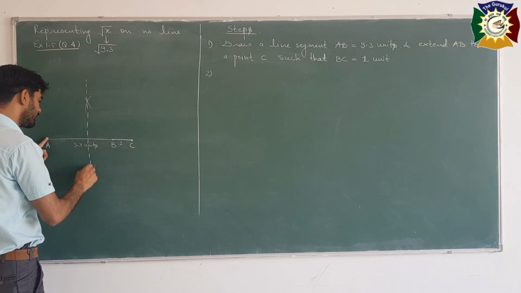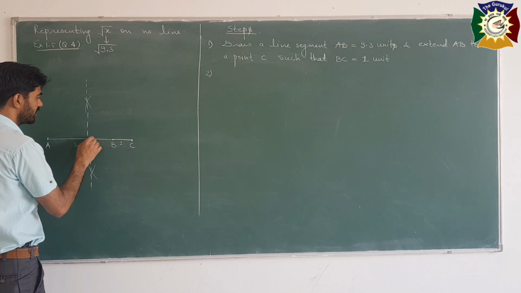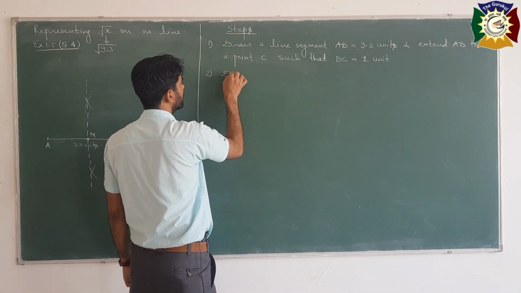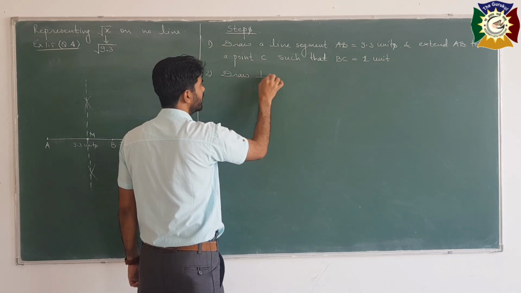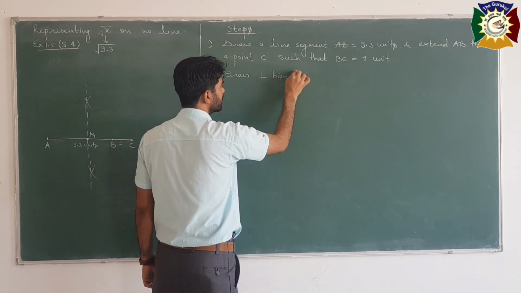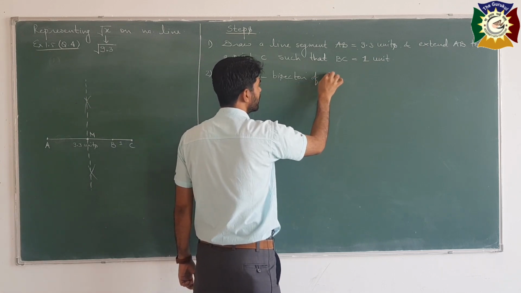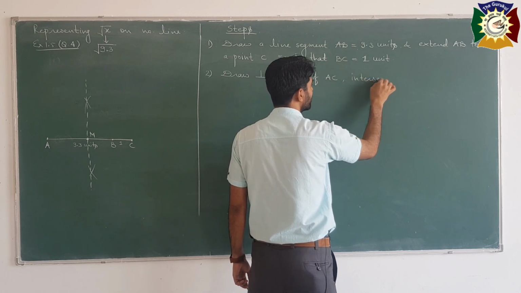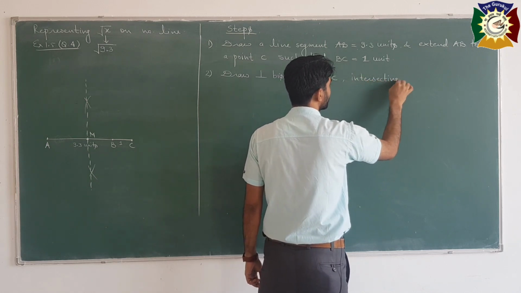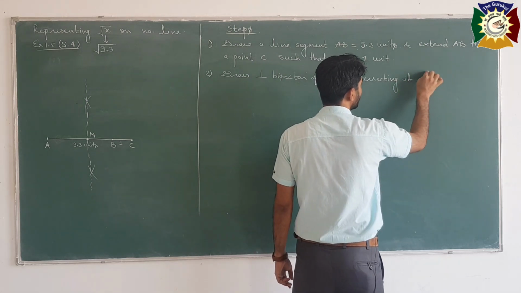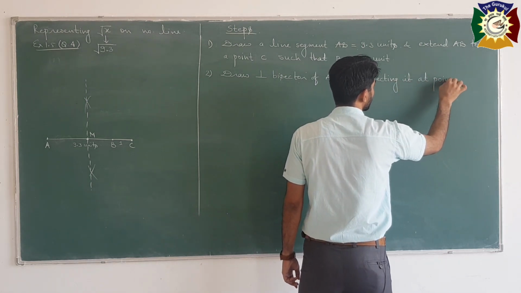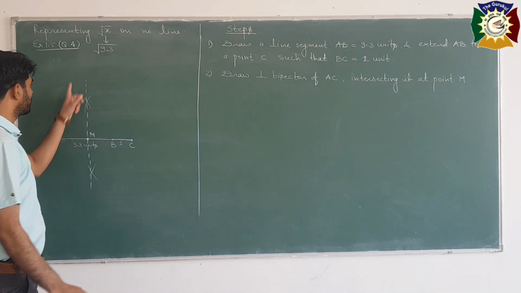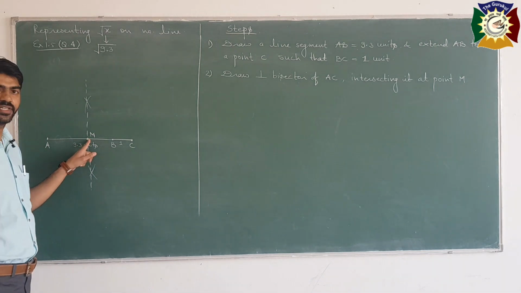So you will get this point, let it be M. So draw the perpendicular bisector of AC intersecting it at point M. This is the perpendicular bisector and it is intersecting AC at point M.